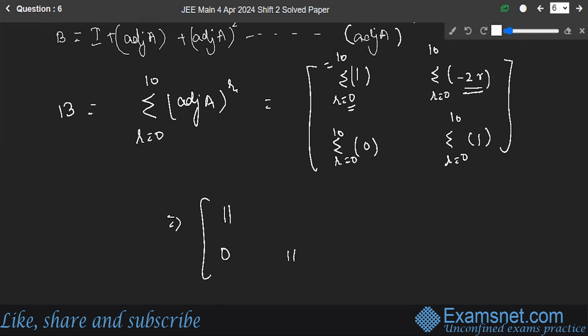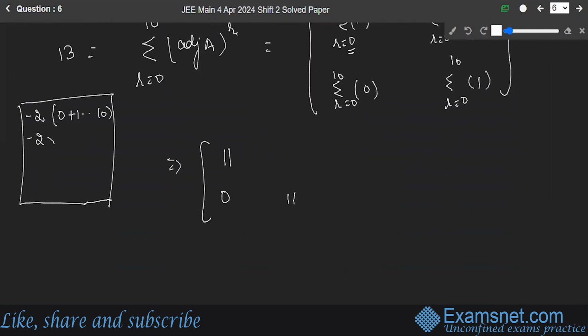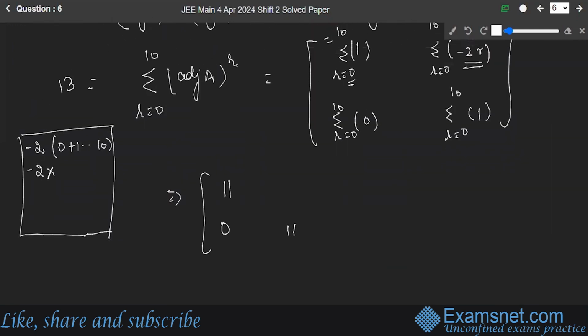Let's solve the remaining part separately in this box. This will be -2, and here I'll start with 0, 1, till 10. I'm using the formula for adding n natural numbers, which is n into n plus 1 upon 2.